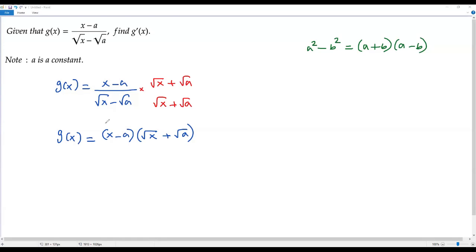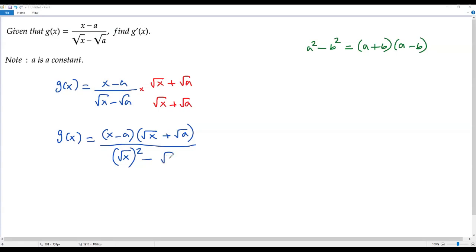Now just look at the expression we have in the denominator: square root of x - square root of a times square root of x + square root of a. The product of these two binomials is exactly in the form of (a + b) times (a - b). So the product can be written as, let me continue over here, divided by, since this is in the form of (a - b) times (a + b), we have to write a squared. Instead of a, we have square root of x, so we write square root of x, the whole squared, minus b squared.